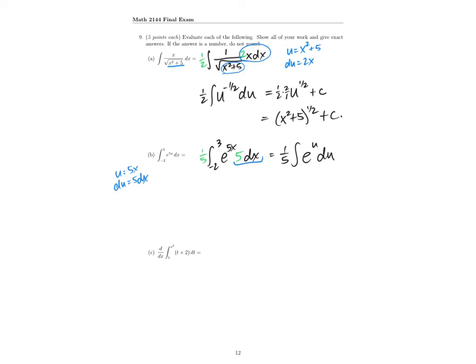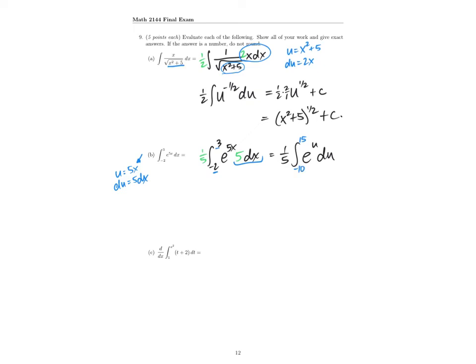And note that these bounds are x values, but I want my bounds to be made into u values. So if x is equal to 3, u is 5 times 3, and so u is 15. And if x is negative 2, 5 times negative 2 is negative 10.